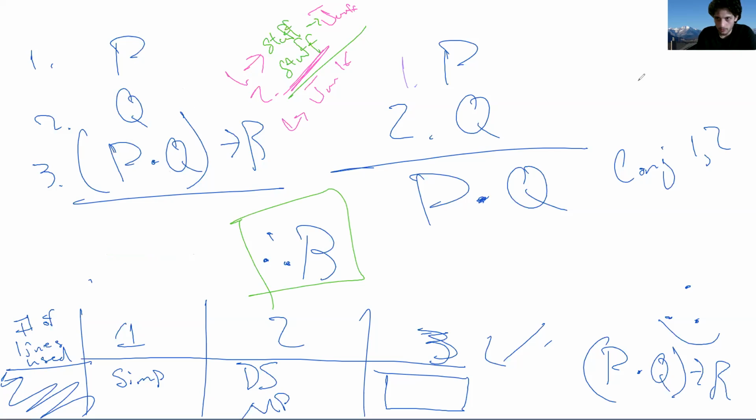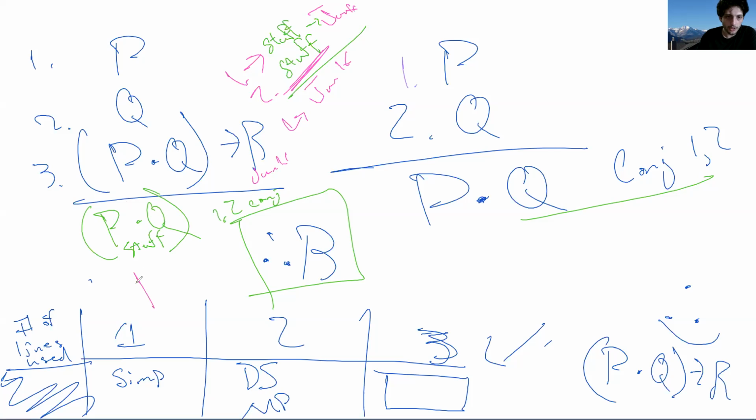And here's how we do it. We use the conj rule. We say, well, P is true and Q is true, right? P, Q, we put those together. And so that's just 1, 2, conj. And then on the next line, now we can use this. This is now stuff. And then R is junk.